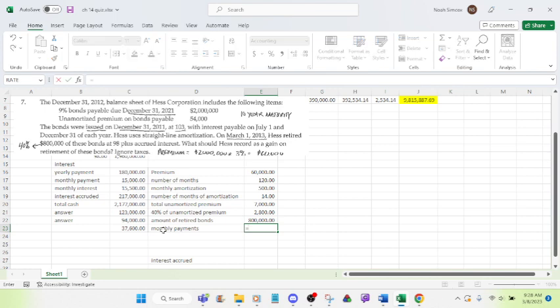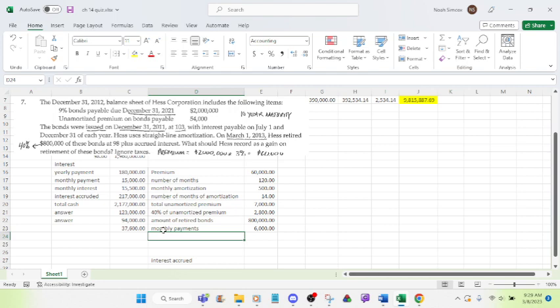So monthly payments is going to be 0.09 times 2,000,000, divided by 12, and then multiplied by 0.4. So we got 6,000 monthly payments, if it was monthly payments.